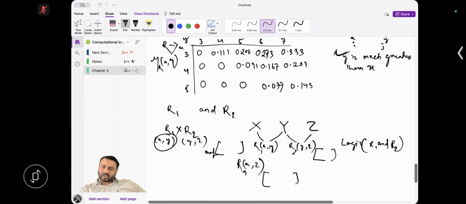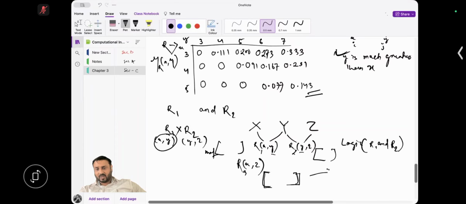So X to Y mapping, we will have tabular data like this. Similarly, Y to Z, I will have another one. Then I'll apply some formula or logic to generate R3, which is equivalent to X, Z. कैसे करेंगे?